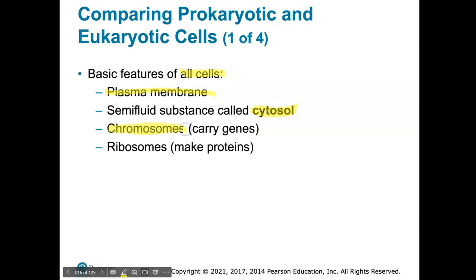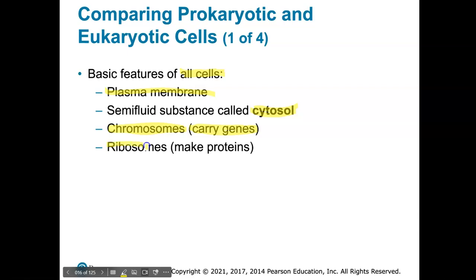But chromosomes carry genes, which are pieces of DNA that code for a specific trait or specific protein. So those chromosomes carry pieces of DNA that code for traits, and all cells have chromosomes.